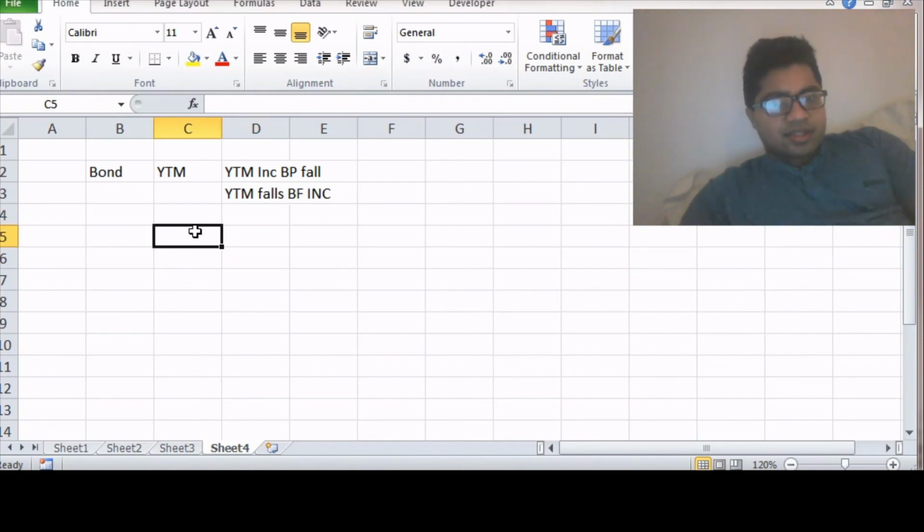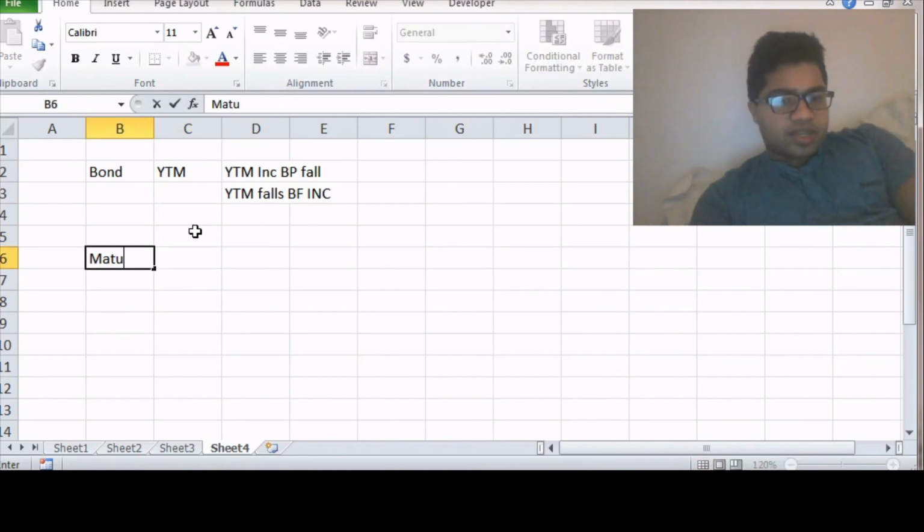Next is sensitivity of bonds. You have maturity, you have coupons, and you have duration.